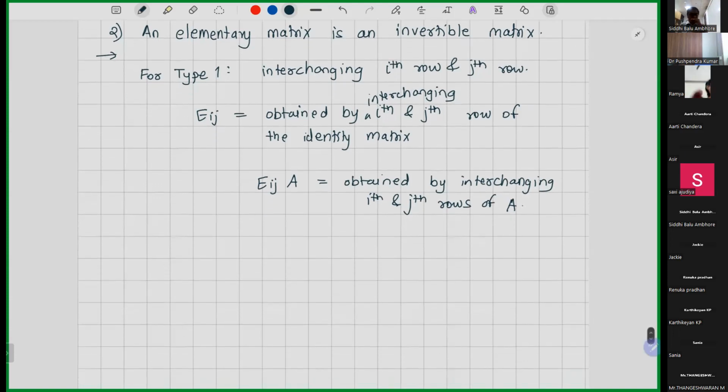So if I want to produce a matrix such that when I multiply that matrix by Eij, I will again get the identity matrix.